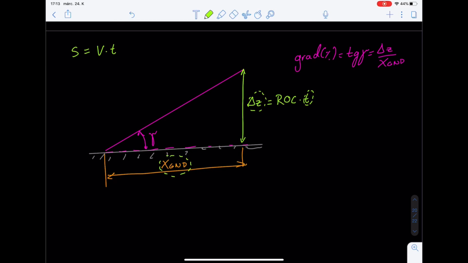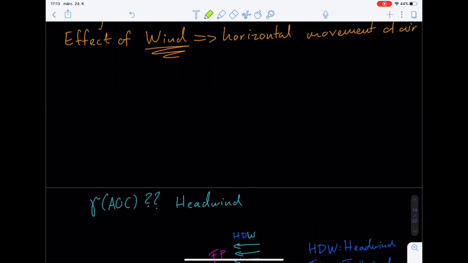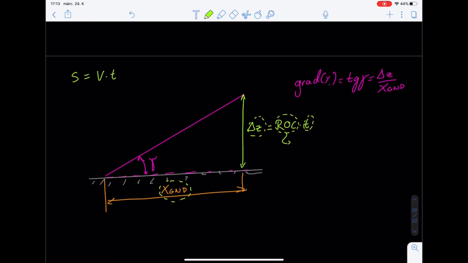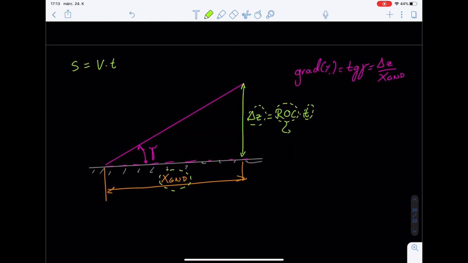And this rate of climb, what's interesting about it is we're going to see that it is unaffected by the wind, because we define the wind as a horizontal movement of air. So there is no change in the vertical movement, so the rate of climb is always going to be constant.